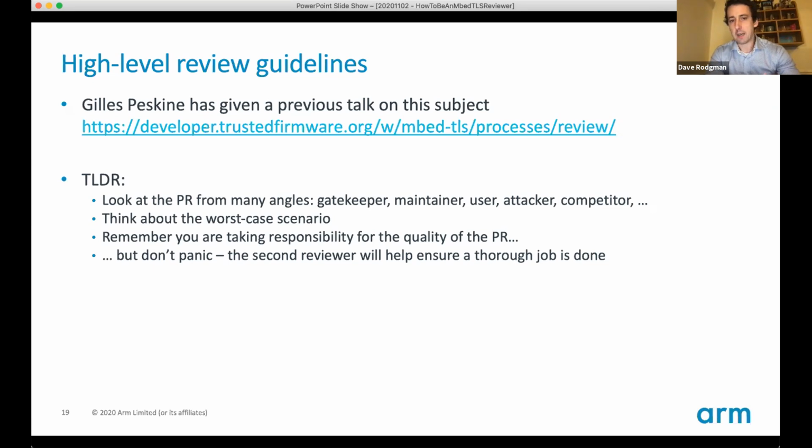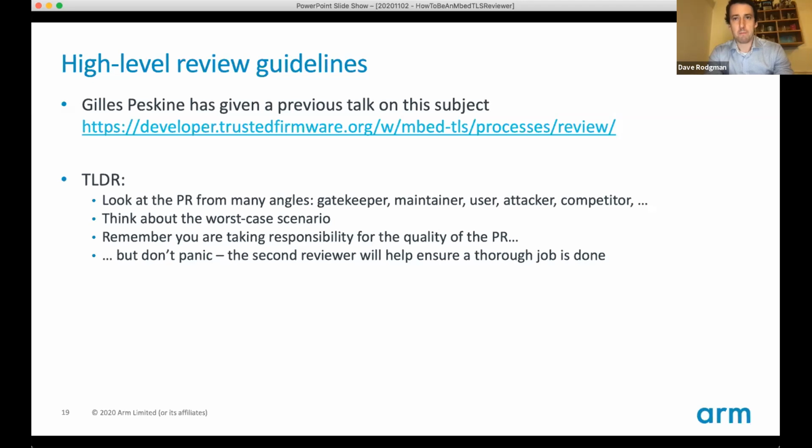Think as a gatekeeper, do we really need this? As a maintainer, what's the cost of having this in the code base? As a user, what value does this provide? As an attacker, break this. As a competitor, can you do a better implementation? Is this inefficient? Does it use lots of memory? And so on and so on.